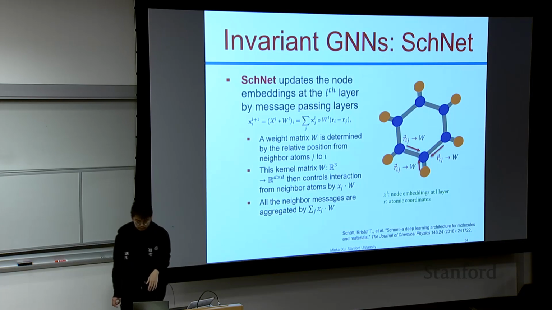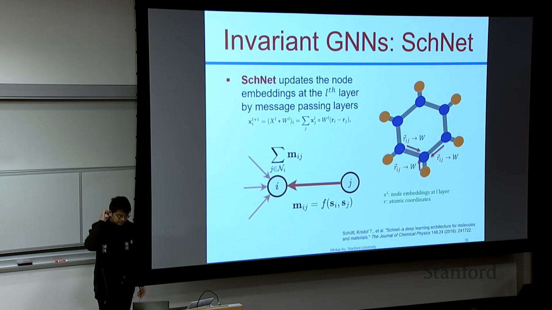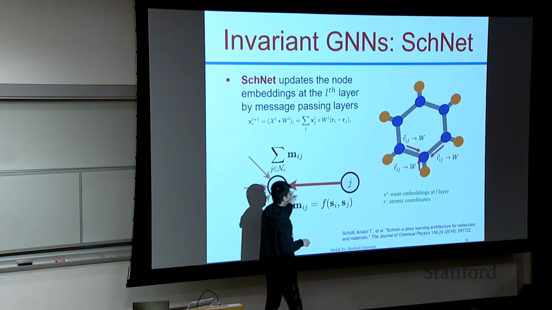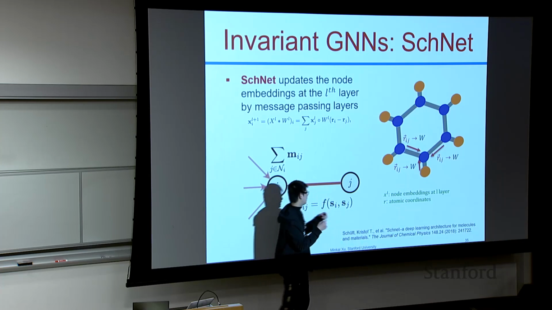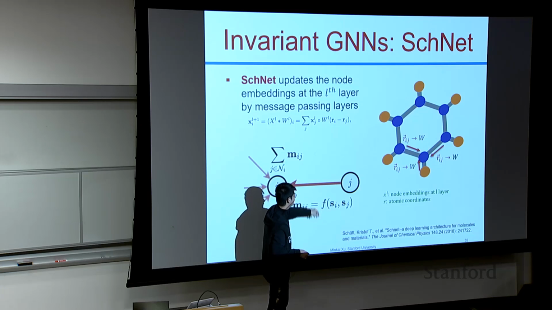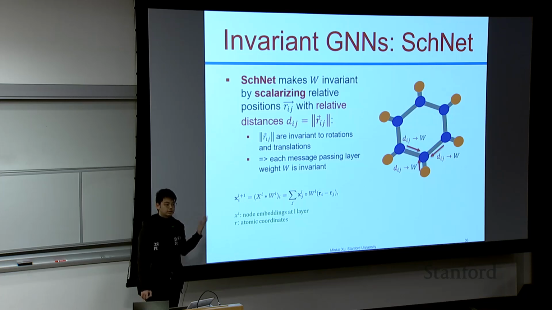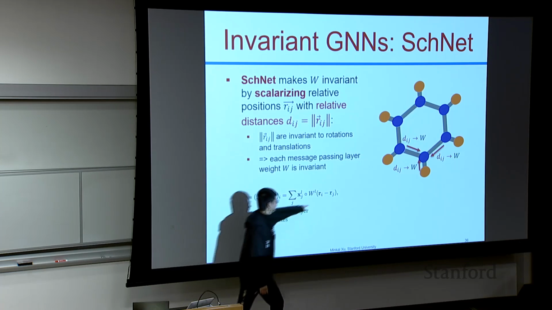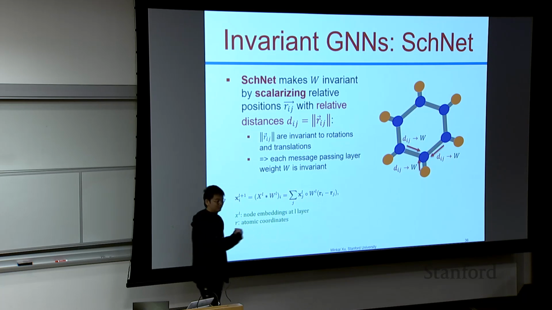Let me introduce how we can make it invariant. This is very similar to our previous graph neural network. The only difference is that we use some edge feature, the direction, to control the message, and the messages are aggregated together. How do they achieve invariance? The input is a directional thing, from neighbor to this node.